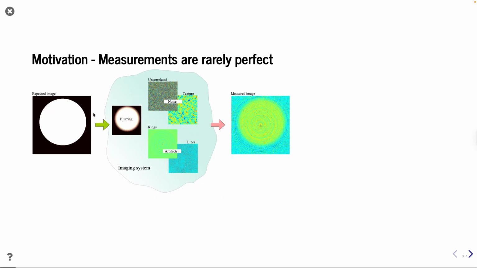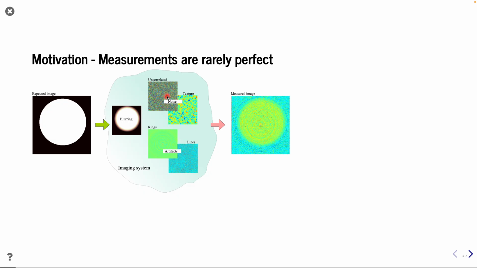That's from the acquisition system, the optics, also the way you acquire, the physics of the whole process that introduces blurring. On top of that, we have noise of different characters. I'm going to show you some of those in some later slides.